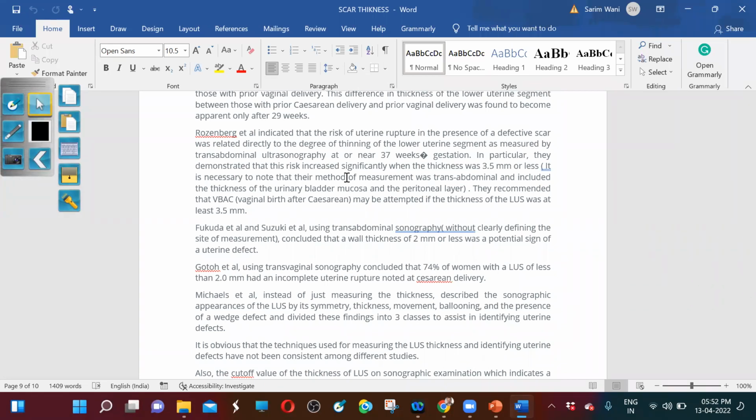So if you are damn sure that whatever you are measuring is the myometrium only, then even 2 is normal and 3 is supernormal. So the point is to see the myometrium, not the whole thickness, at the level of the lower uterine segment. Okay, exhausted? Not you, me.